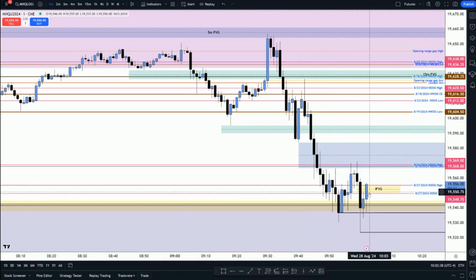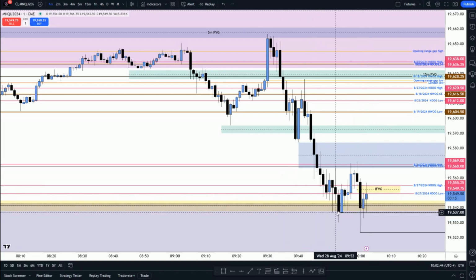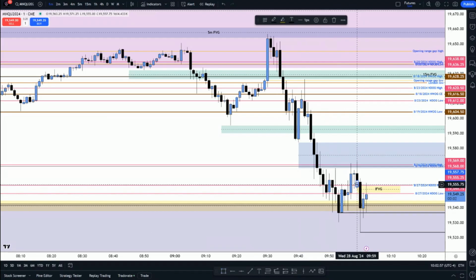Okay, so now it's getting inverted. Let's see if it closes above. It's rebalanced perfectly. Let's see if it closes up and through. Because see, it rebalanced inside the wick of this bar right here that created the gap. Right there. So rebalanced.